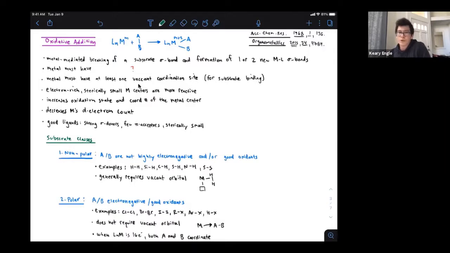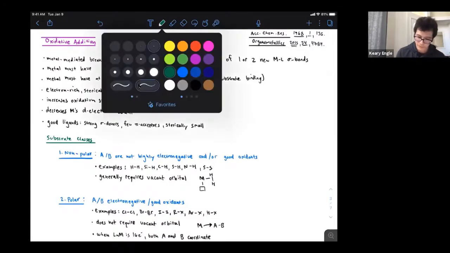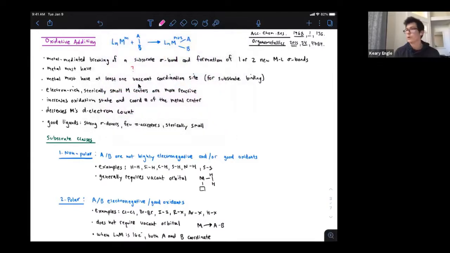Okay, let's jump in now to oxidative addition. This is a process where, if you like arrow pushing, two electrons from a filled d orbital on the metal get pushed onto the organic fragment, the organic ligand, leading to cleavage of, in this case, just the generically represented AB bond.